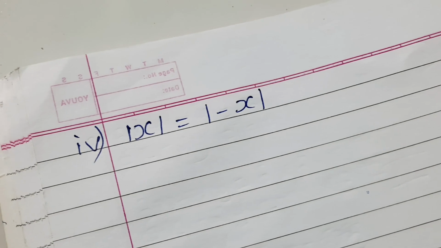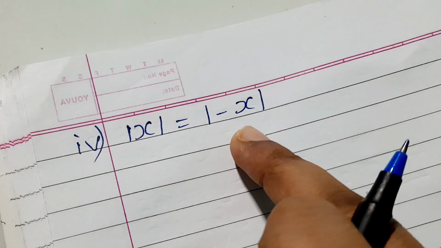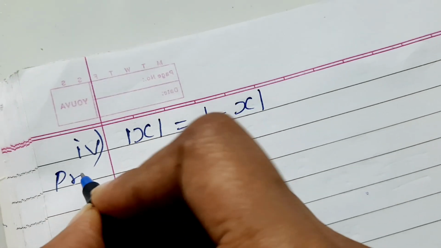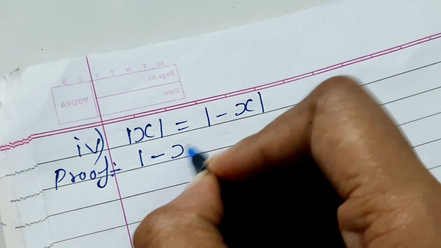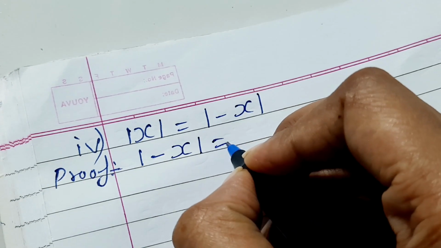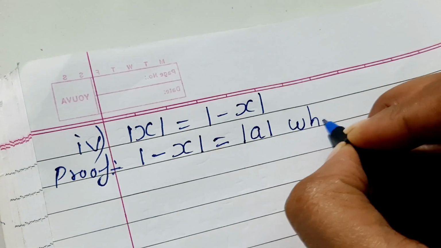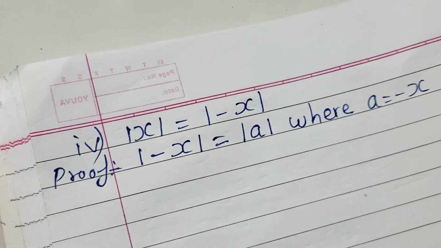Now let us prove this one: modulus of x is equal to modulus of minus x. How are we going to prove this? First write down modulus of minus x is equal to modulus of A, where A is equal to minus x.